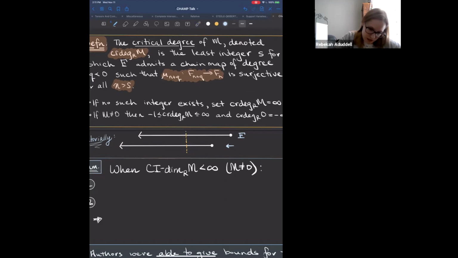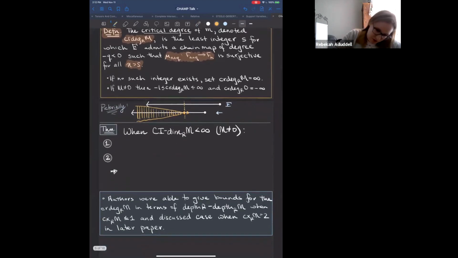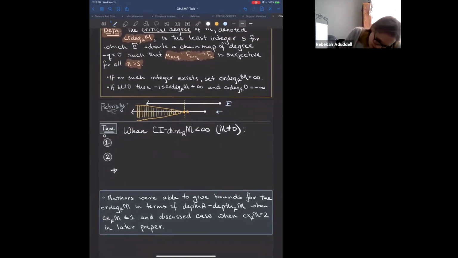So what we're saying is at this point onwards, we would actually see growth in the Betti numbers. And so the critical degree would be the guy directly before that. And so they have this theorem in their paper that says this specifically.